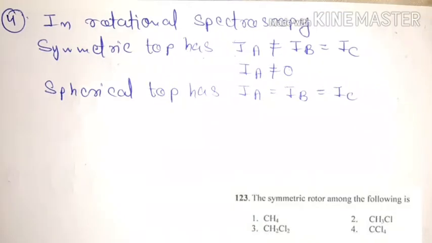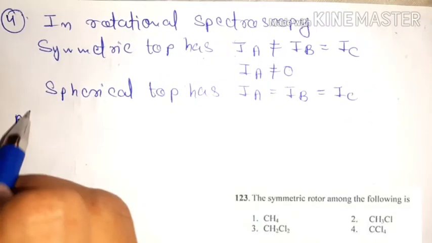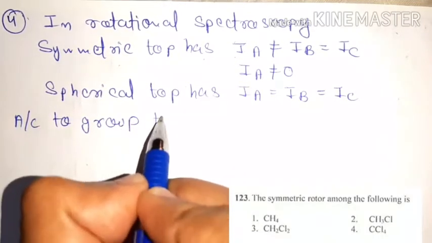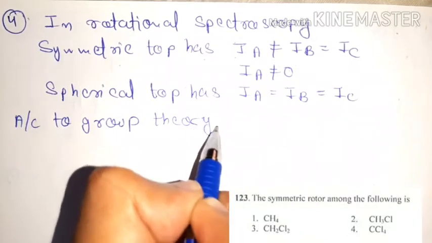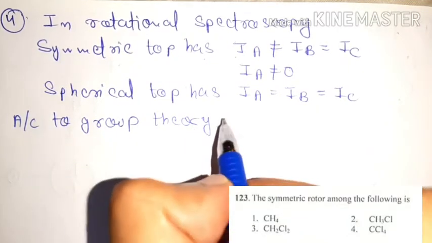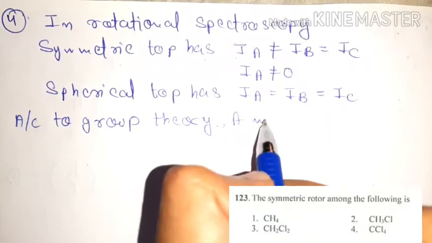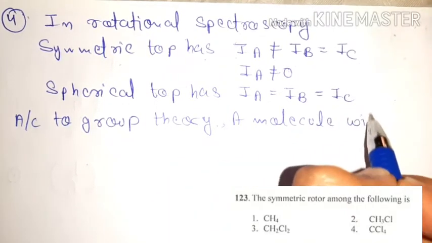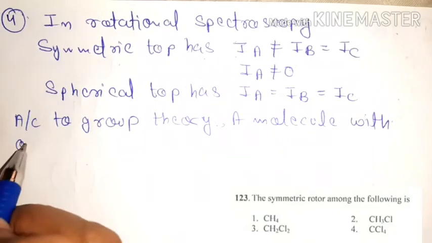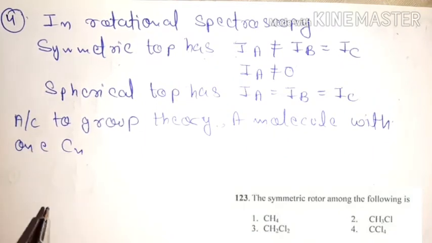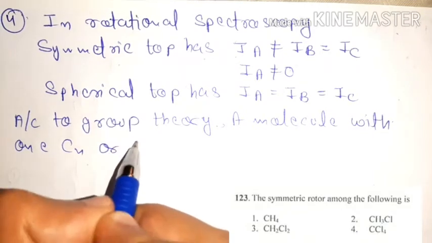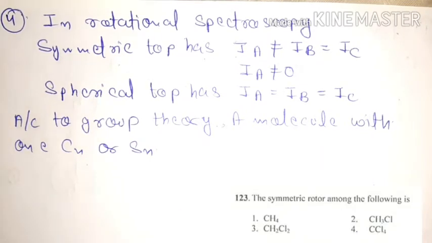So according to group theory, a molecule with 1 Cn, that is the axis of symmetry, or Sn, that is the improper axis of symmetry.